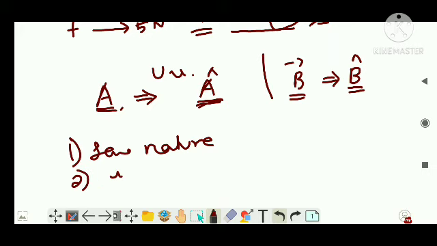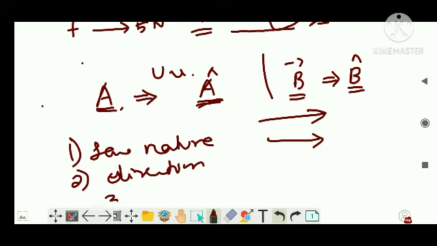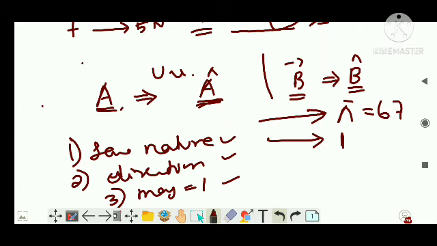If A vector is in this direction, then A cap also should be in the same direction. Now the third point: this A vector can be of any magnitude. It can be 6, 7, whatsoever value, but the unit vector should have only value 1. So the magnitude of a unit vector is 1. These are the three major criteria of a unit vector.